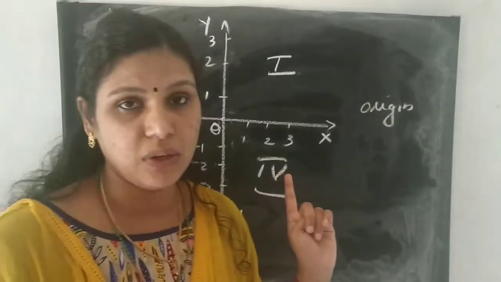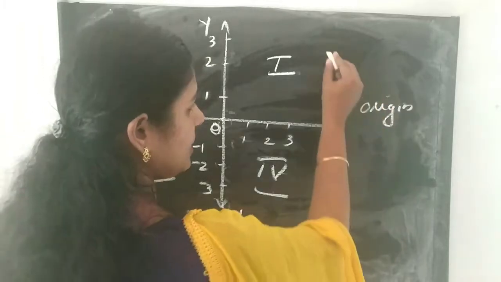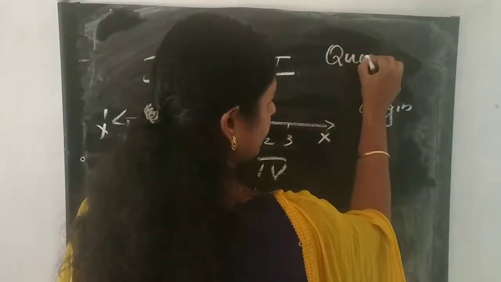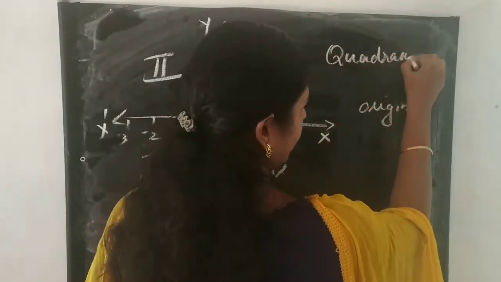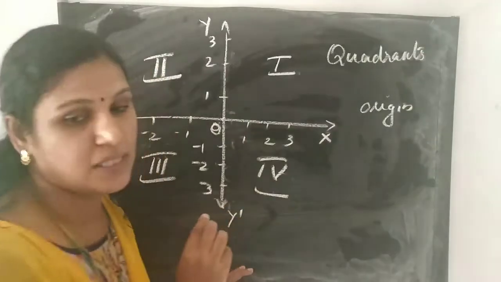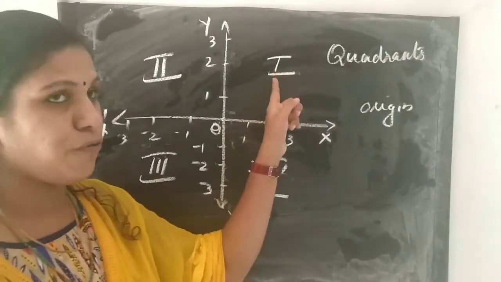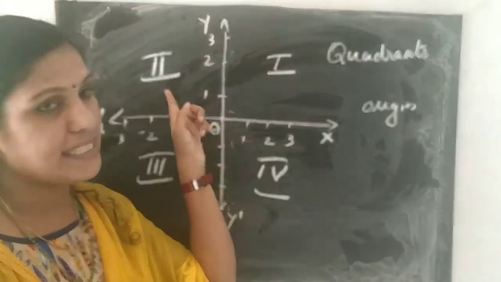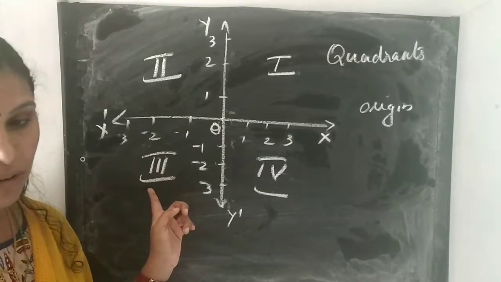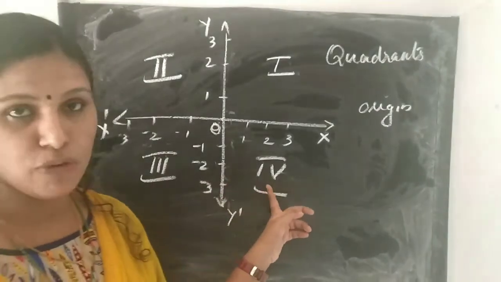Each part is known as a quadrant. This is the first quadrant, this is the second quadrant, this is the third quadrant, and this is the fourth quadrant.